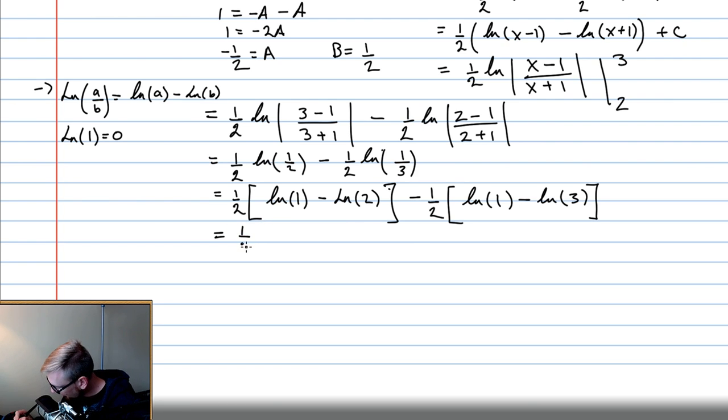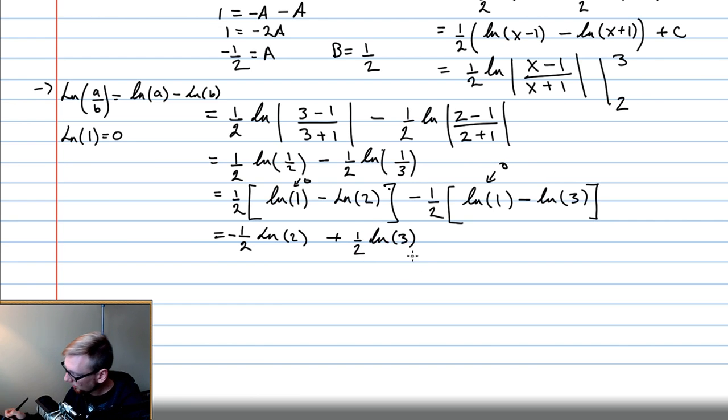So then we've got 1/2 minus 1/2 ln 2. And this one is 0 as well, 0 plus 1/2 ln of 3, because there's a minus times a minus.